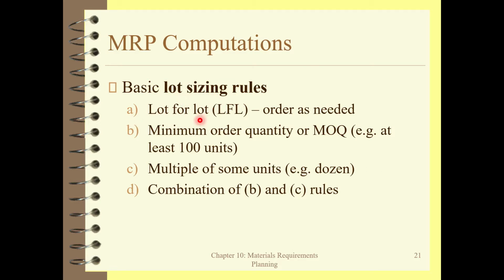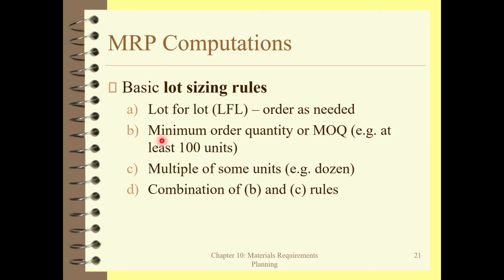The first one is lot-for-lot ordering, meaning that you order in the amount that you are required, no more, no less. Okay, this is lot ordering. And sometimes when you place the order, some suppliers give you a minimum order quantity, or MOQ. For instance, suppose they say you need to order at least 100 units, even though your requirement is just 50, they don't sell you 50, they sell you 100.